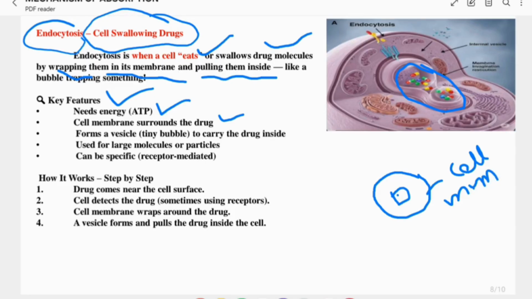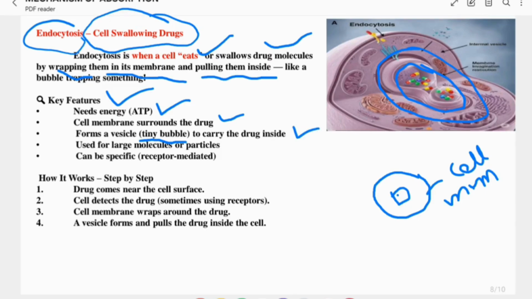Then after engulfing the drug particle, it forms a tiny bubble which is called a vesicle. So in this diagram we can see a tiny bubble-like structure, that is called a vesicle, to carry the drug particle or drug inside the cell.